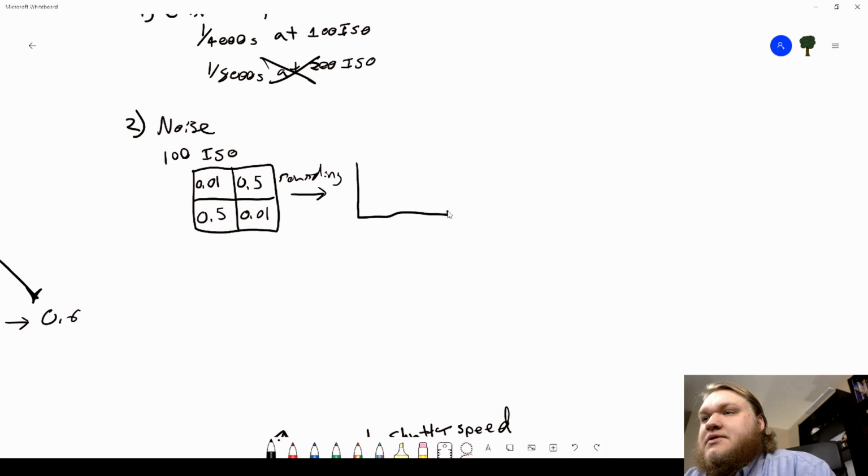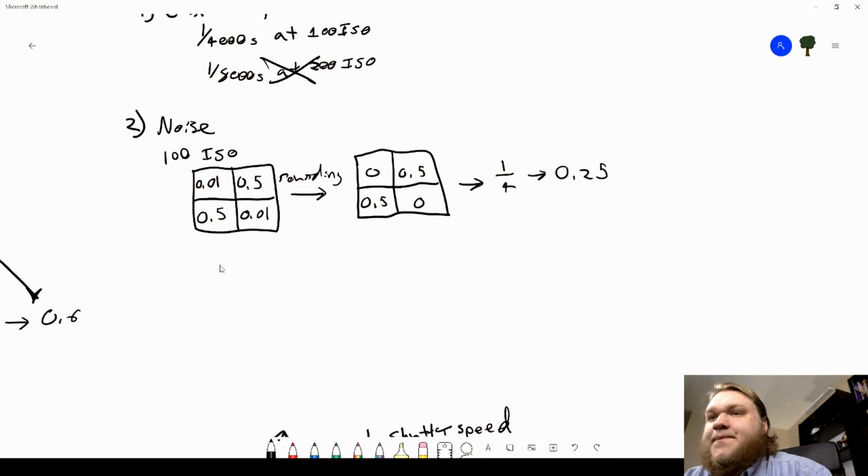Suppose after ISO is applied, we round everything to the nearest tenth. That'll give us a 0 here, a 0 here, and our 0.5s. So this is going to be a relatively dark pixel. Let's do our black and white conversion. It's 1/4, so it'll give us a 0.25.